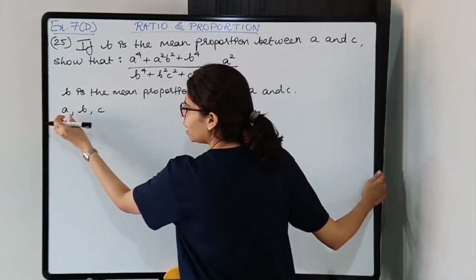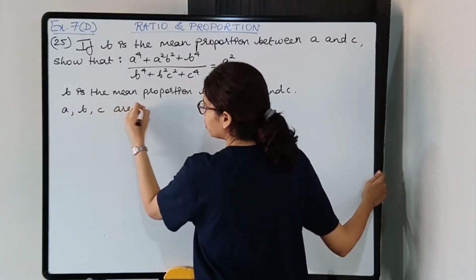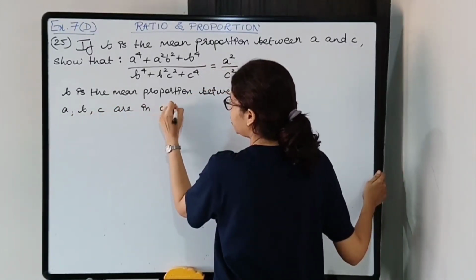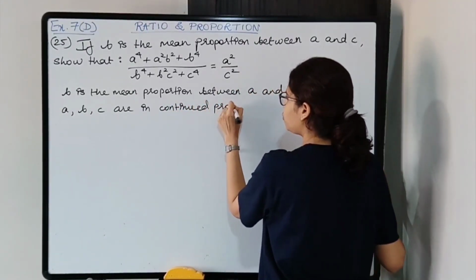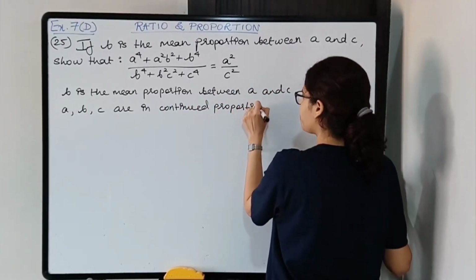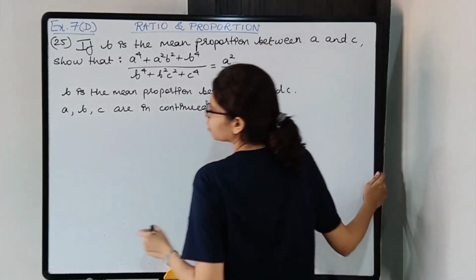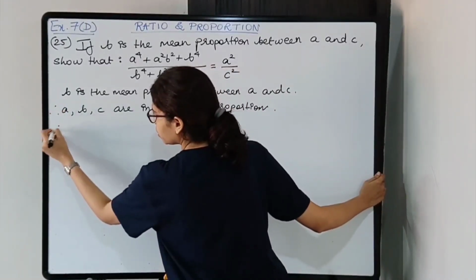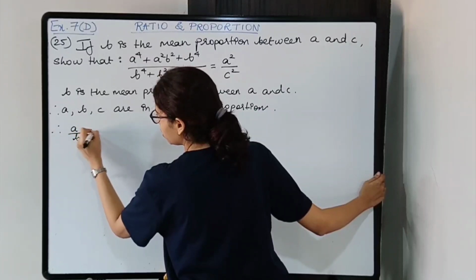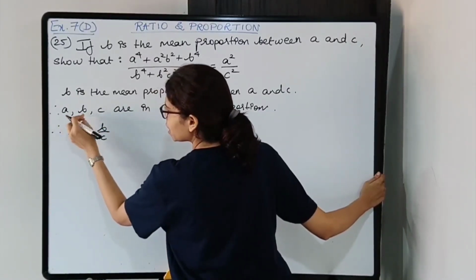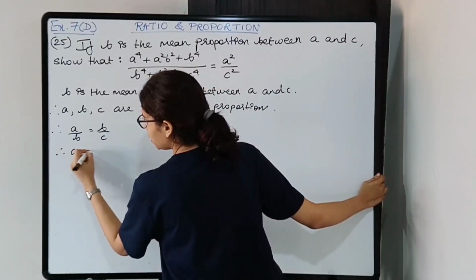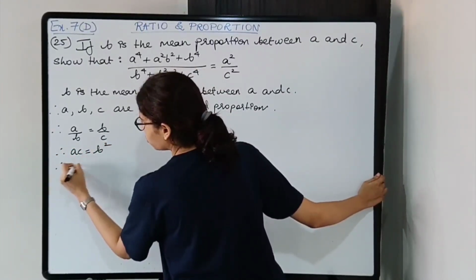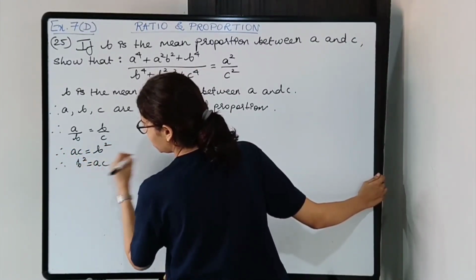So A, B, C are in continued proportion. You have to write this, students. You have to write this. Therefore A upon B is equal to B upon C. First upon second is equal to second upon third. Cross multiplying AC is equal to B square, therefore B square is equal to AC.